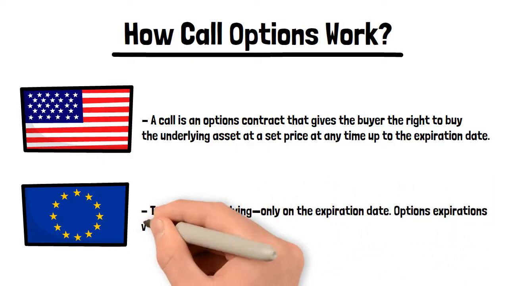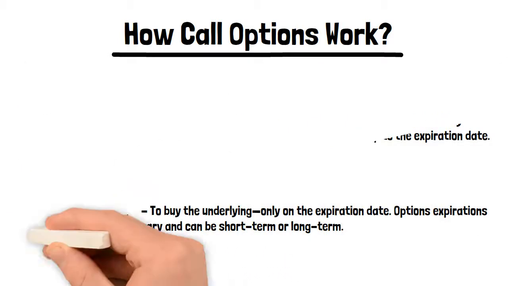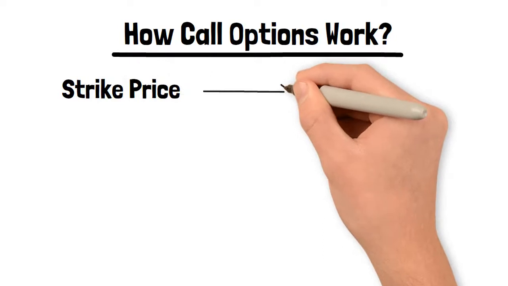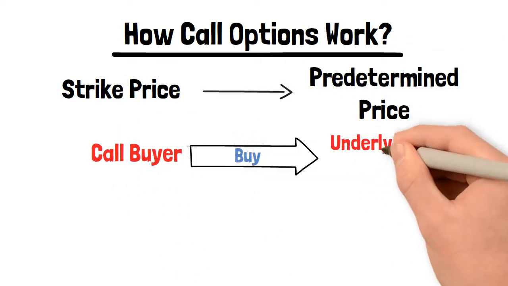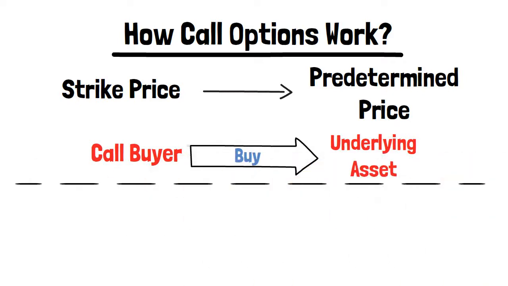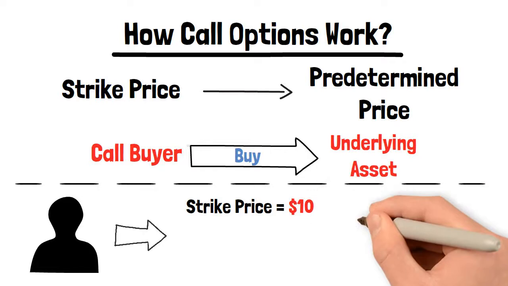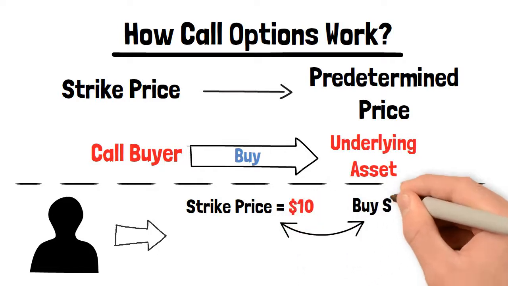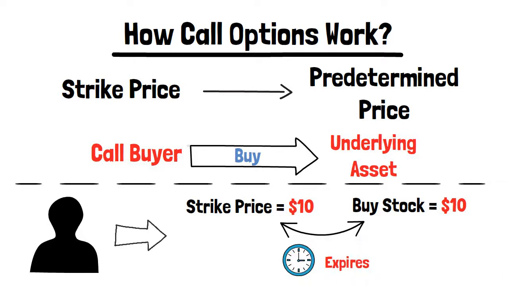Options expirations vary and can be short-term or long-term. With call options, the strike price represents the predetermined price at which a call buyer can buy the underlying asset. For example, the buyer of a stock call option with a strike price of $10 can use the option to buy that stock at $10 before the option expires.